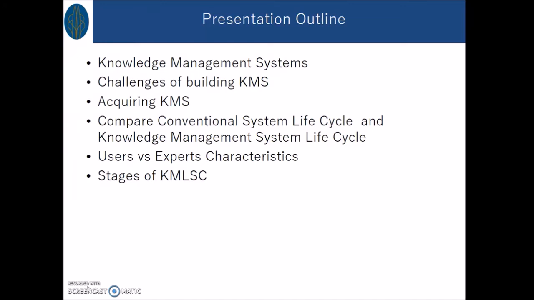So this is the presentation outline. Firstly, we're going to talk about knowledge management systems, or KMS, and then we move on to the challenges of building or developing KMS, the strategies to acquire KMS, and then we will look into the system development lifecycle and also compare that with the KM system lifecycle.